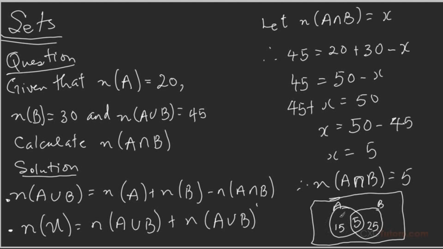We have to give it in terms of a total, an aggregate. So 15 is the total number of elements in A alone, 5 is the total number of elements in the intersection of A and B, and 25 is the total number of elements in B only. Combining all three, we get the union of the two sets, and that is equal to 45.